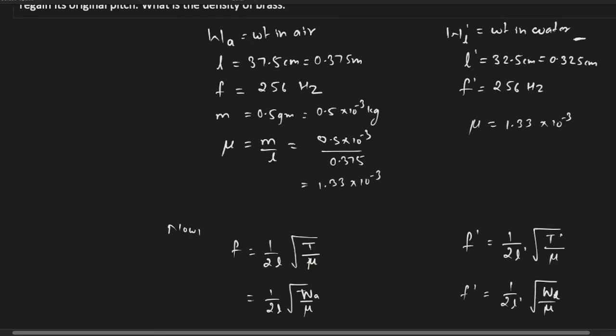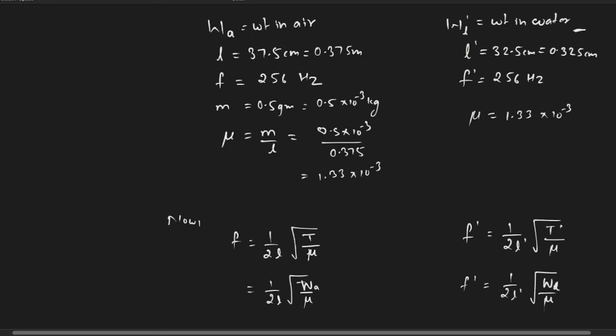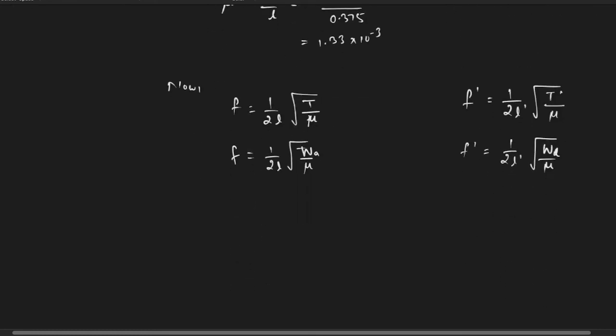Okay. Now we equalize both of these cases. 1 by 2L root of weight by mu is equal to 1 by 2L dash root of weight by mu.